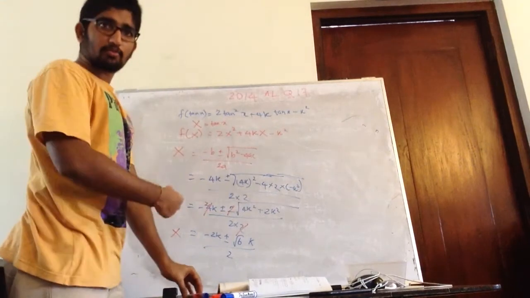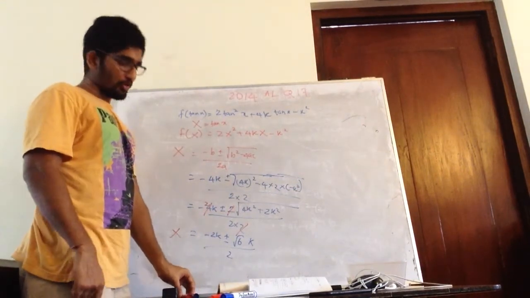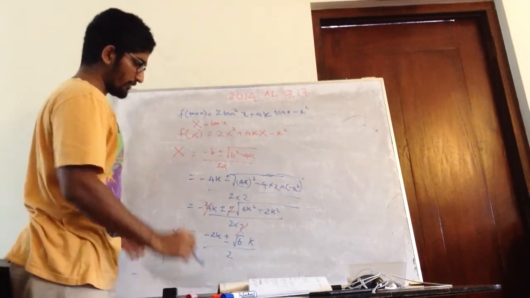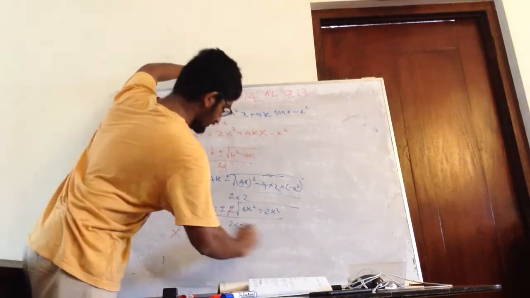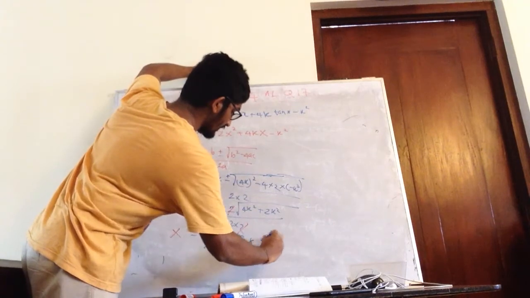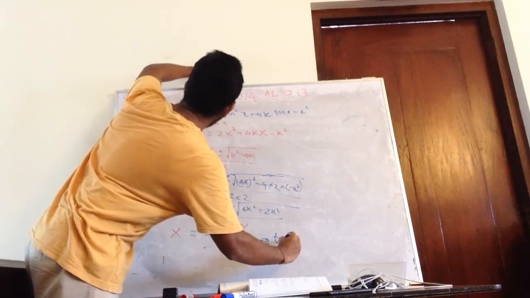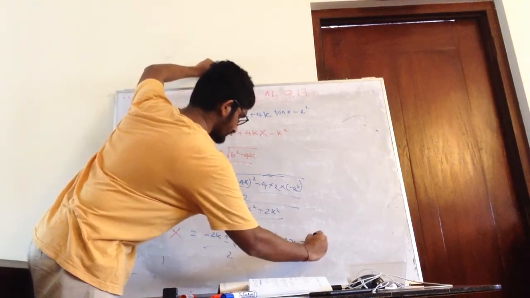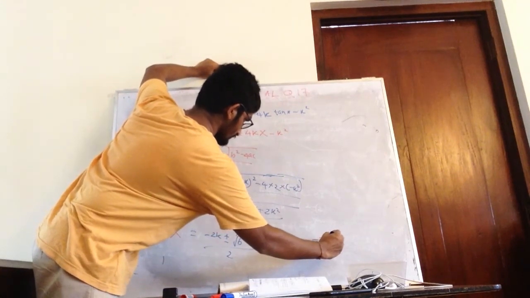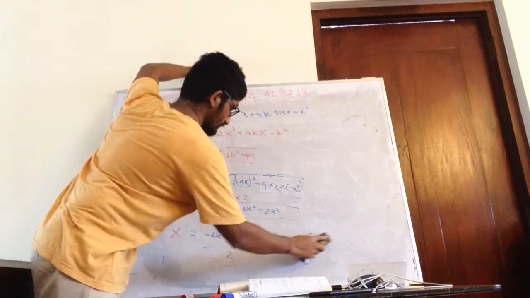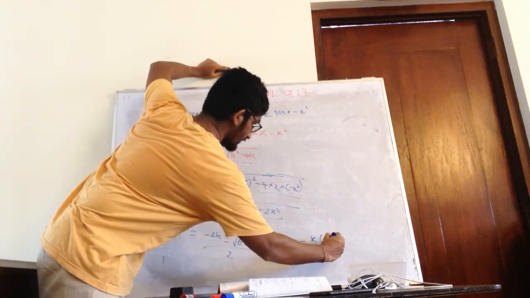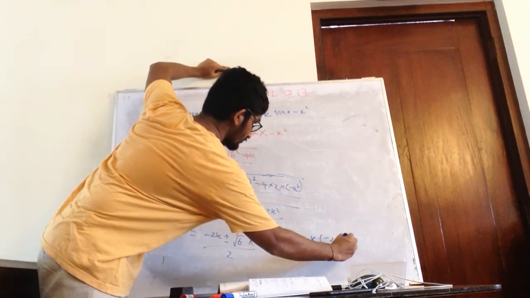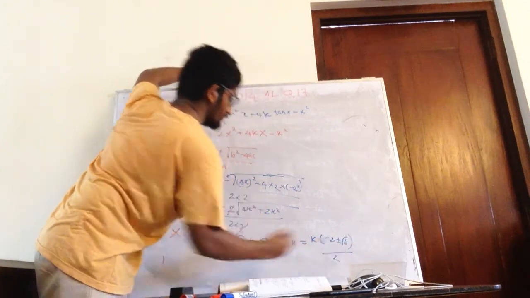Right. So we come up to this one. So basically this says, X is tan x, equal to k times minus 2 plus or minus the square root of 6, over 2.